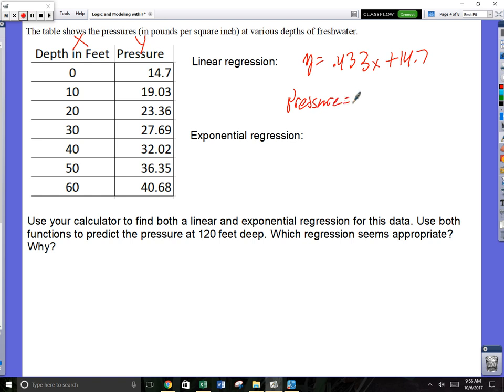So the pressure depends on 0.433 for every x, which is foot, 0.433 for every foot plus the 14.7.